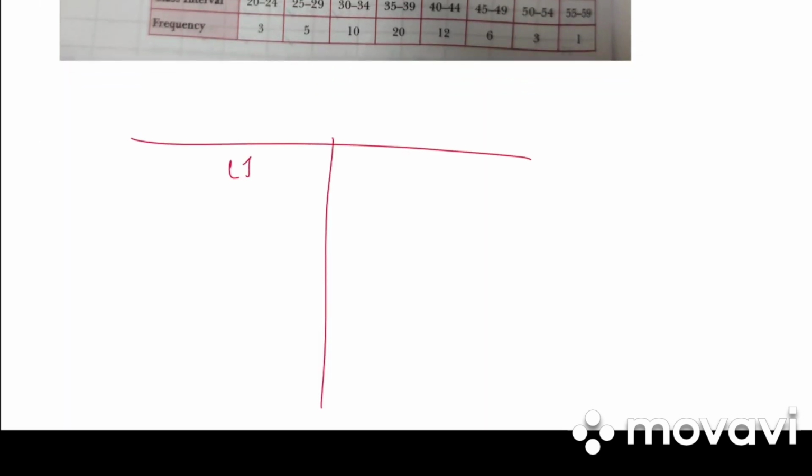Calculate the mode from the following data. They have given us an inclusive class interval. We need to convert it into exclusive. So the first column is class interval, then we have frequency.